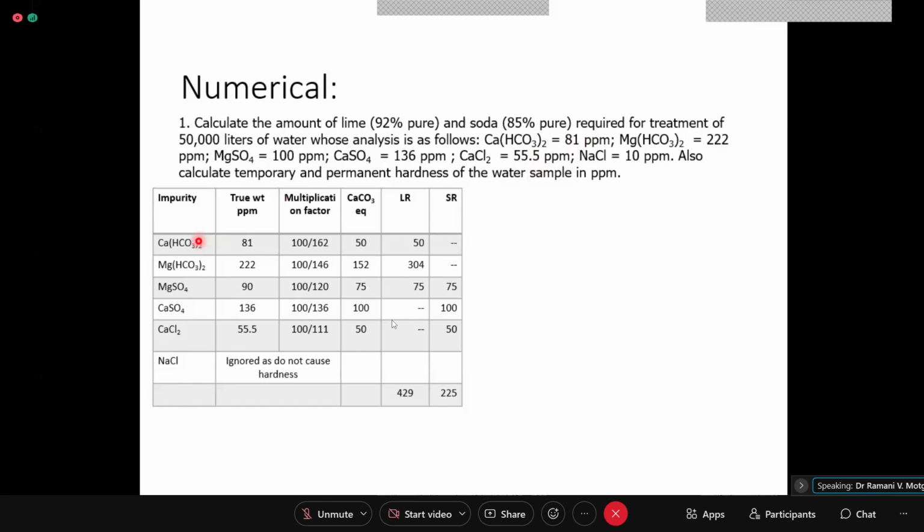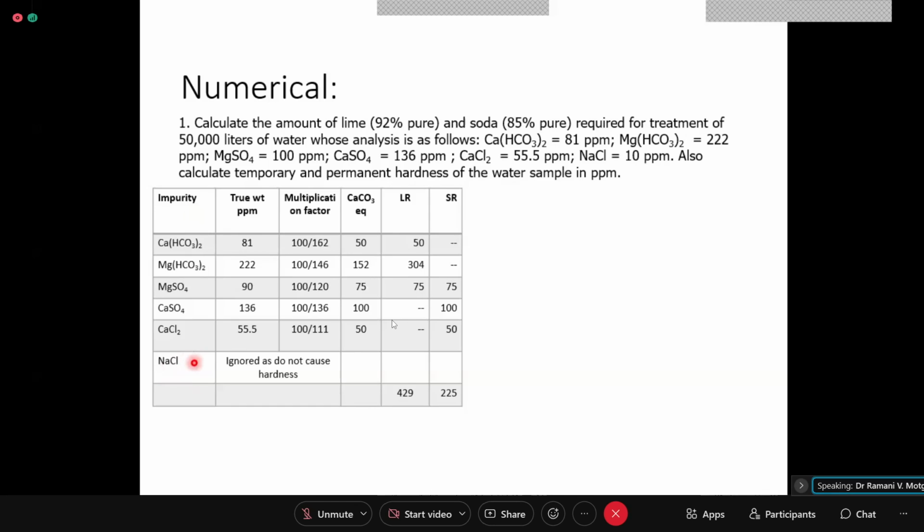So you write the impurities: calcium bicarbonate, then magnesium bicarbonate, then magnesium sulfate, then calcium sulfate, then calcium chloride, and then NaCl. So we write NaCl also.